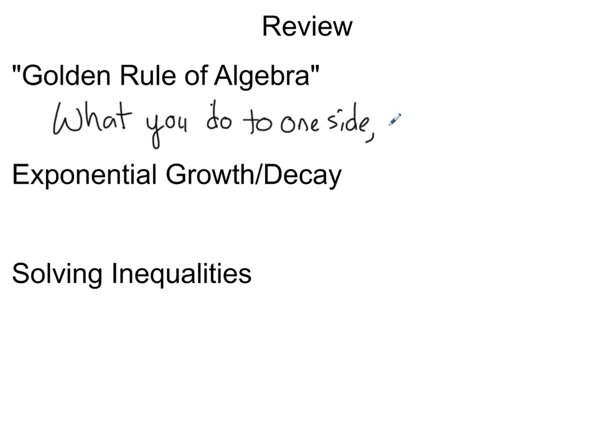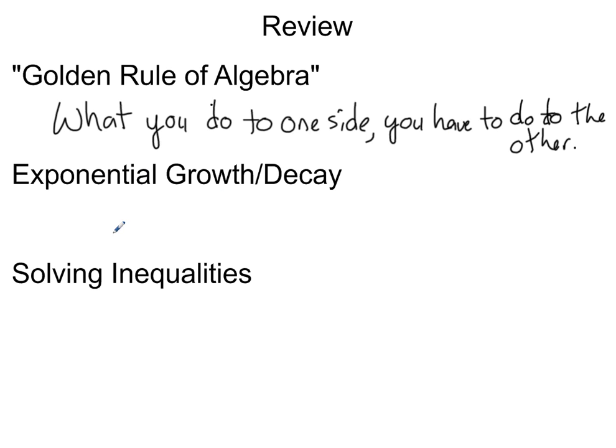So anything's legal as long as you do it to both sides. I tell some students you have to be fair. When we say one side and the other, we mean on one side of the equal sign and on the other side of the equal sign, or inequality if you're doing an inequality.